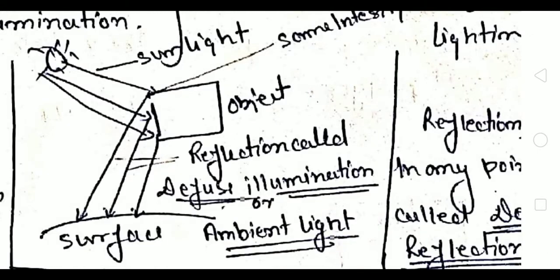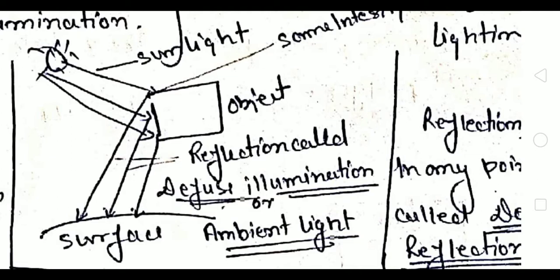If one object gets light not directly from the point source, such as sunlight, but the light goes to another object, is reflected from that object and comes to this object.